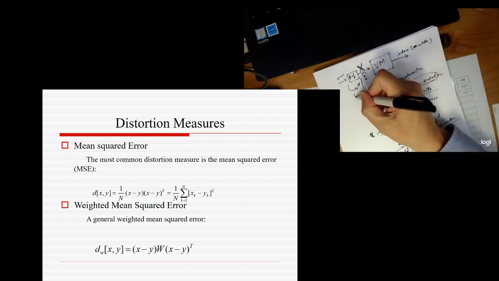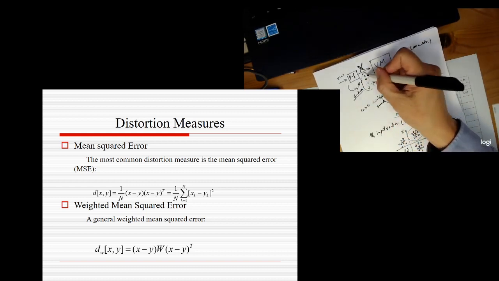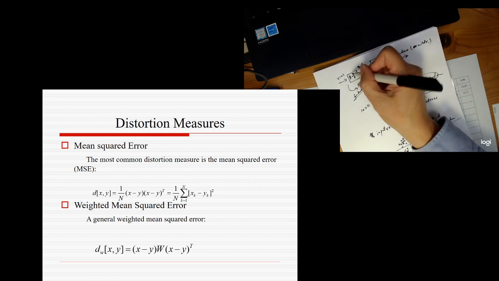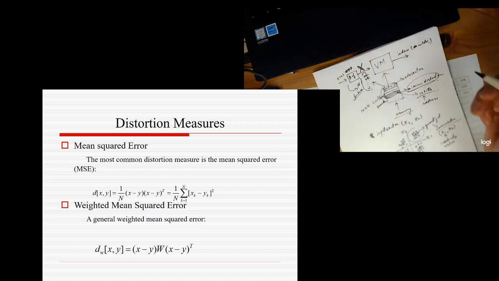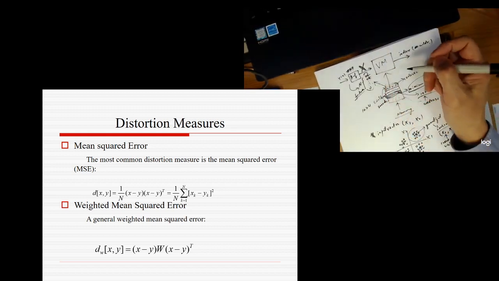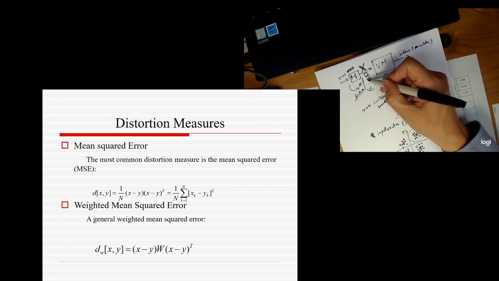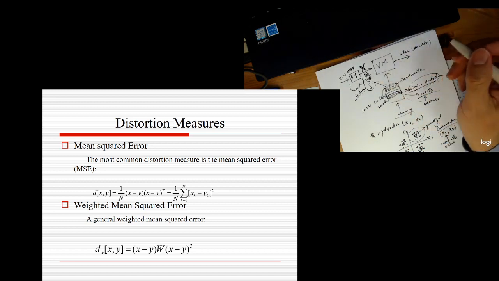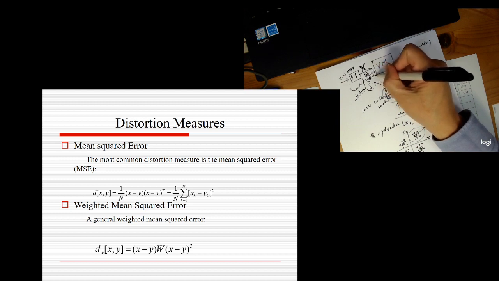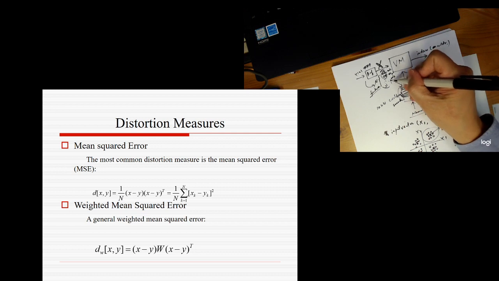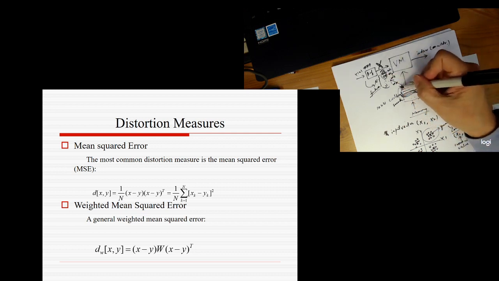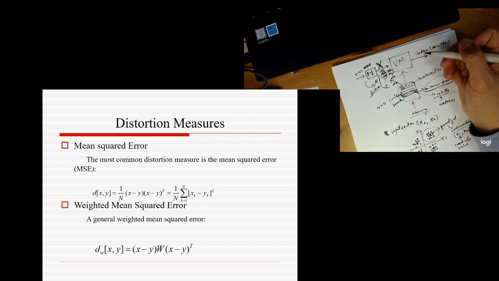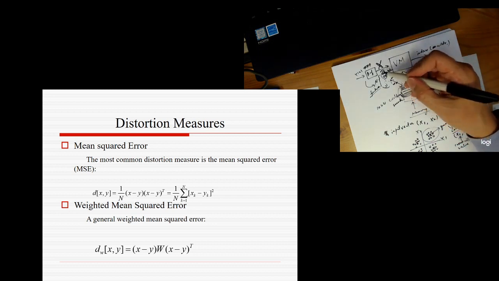It's not the original data, so there is preprocessing to generate some features, and the features have some important parts. For example, if you use the FFT to go to the frequency domain, the low frequency components may be more important. When calculating distortion, each component is multiplied by a weighting function. The component is subtracted, the mean square error is taken by squaring, and then it is multiplied by the weighting function, because a component related to low frequency is more important.